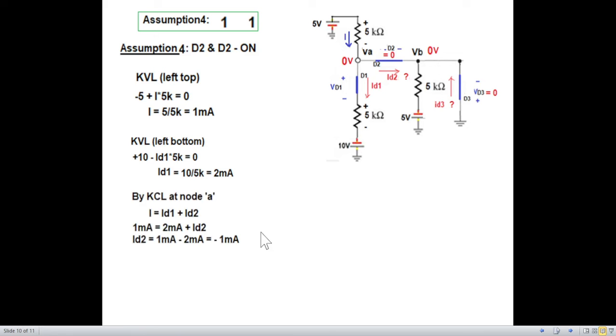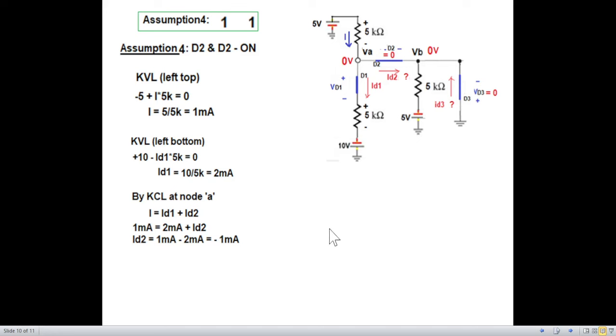And now if we apply KCL at this point, then you can see I is equal to ID1 plus ID2, and from here we'll find ID2. So I is 1 milliampere, ID1 is 2 milliampere, and ID2 we have to find. From here, ID2 is minus 1 milliampere.